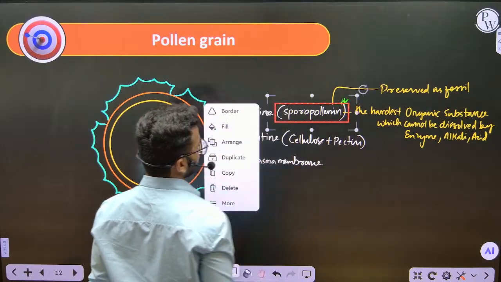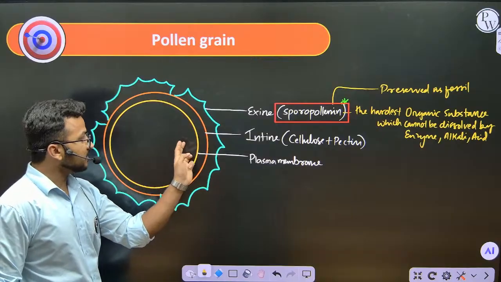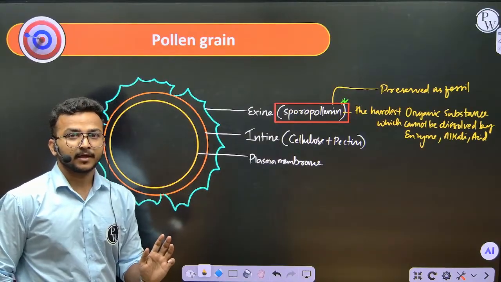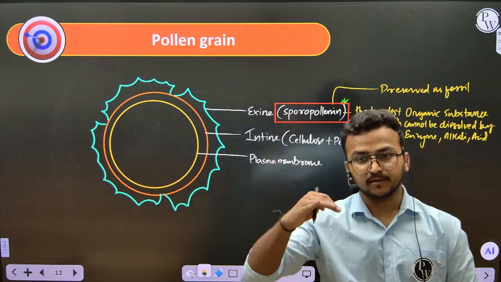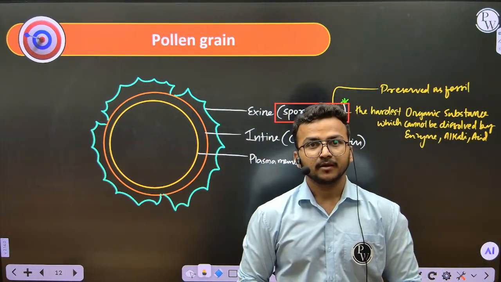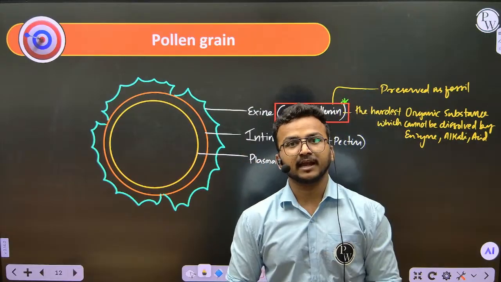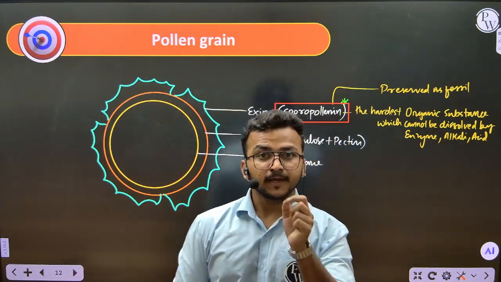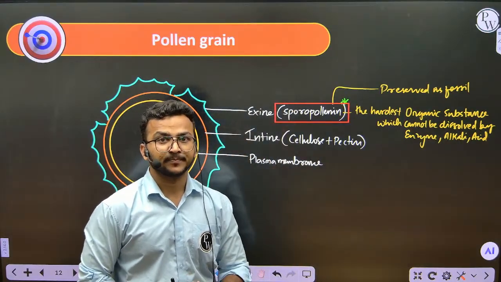Sporopollenin is important here. And next to that, now what we have seen is only the external layers. Even in your NCERT book, you can check, there are some diagrams given. In the right hand side page, 3 diagrams are given above that. The electron microscope study of different pollen grain structures exhibiting different textures.